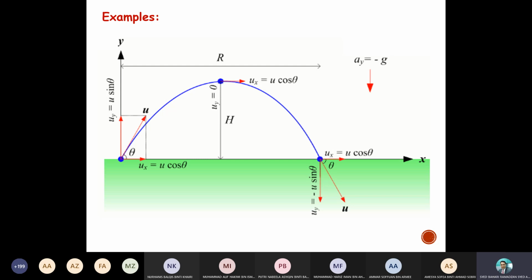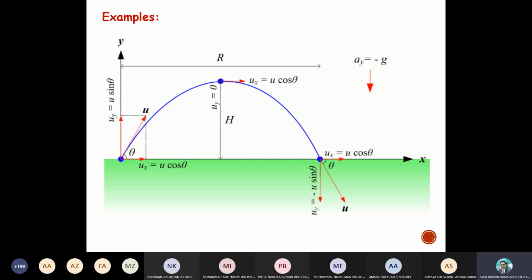And from this, we also have h. H, as I mentioned, is the maximum or the highest peak that the object can reach. At this highest point, uy is equal to 0. Velocity in the y direction is equal to 0.